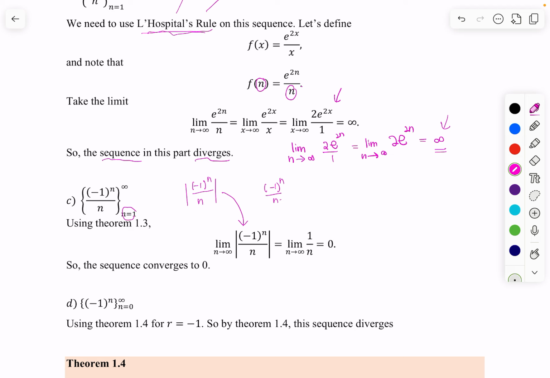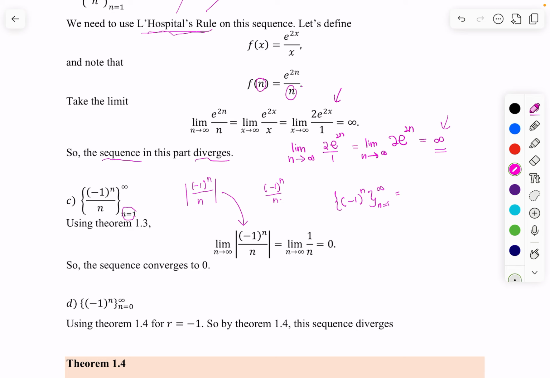So if we try to find the limit of the sequence, how can we get the limit 1 over n? You can think of this logically. Let's try to expand this sequence from n equals 1 to infinity.